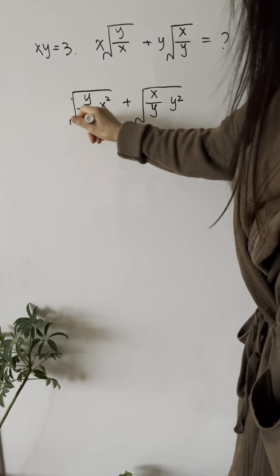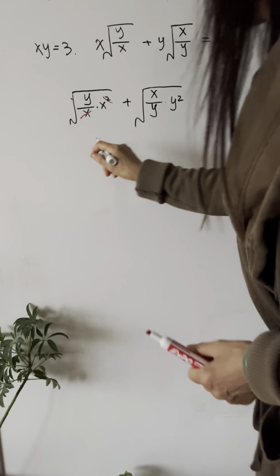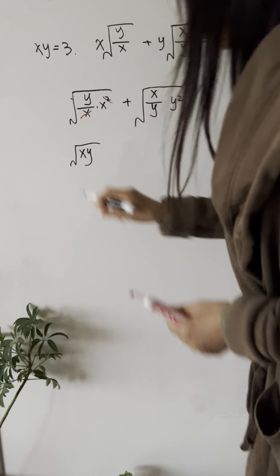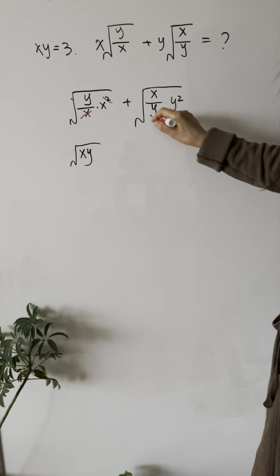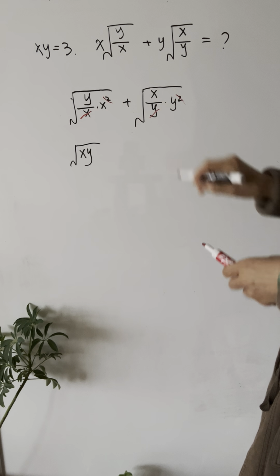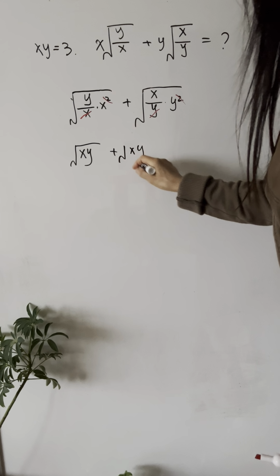X squared divided by x just becomes x, so this term becomes the square root of xy. Same thing here: y squared divided by y just becomes y. Also we have the square root of xy.